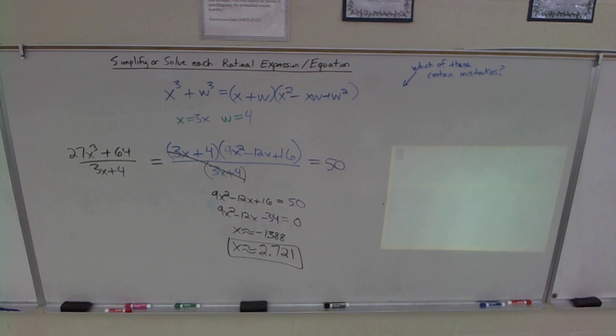So I'm going to put it in the very beginning and say, okay, 27, I'm going to get a nice fraction going. Here we go. 27 times, we're going to check that one, right? Cubed, plus 64 over 3 times 2.721 plus 4.